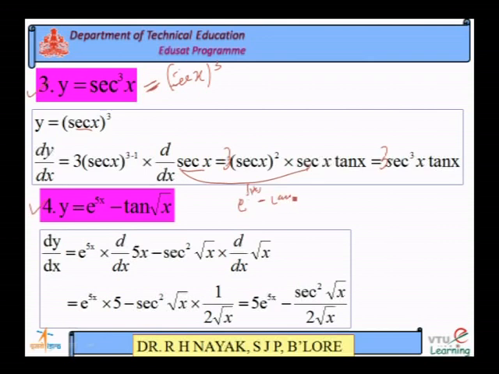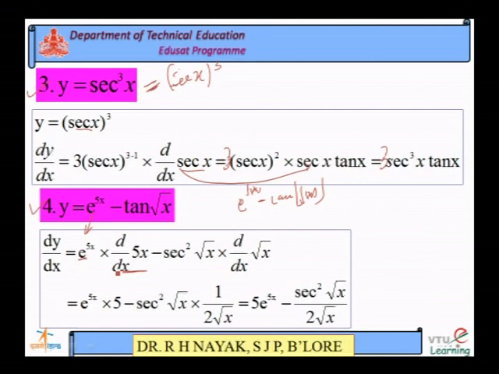How to differentiate tan of function and e to the power of function, as we know earlier. First differentiate e to the power of function. e to the power of function is e to the power of function into differentiation of the function. What is the function? 5x.